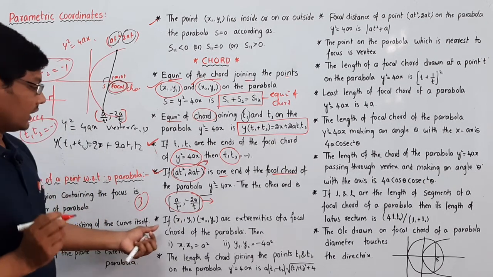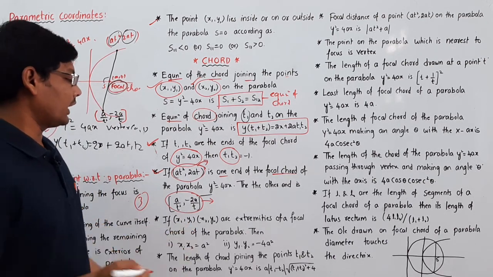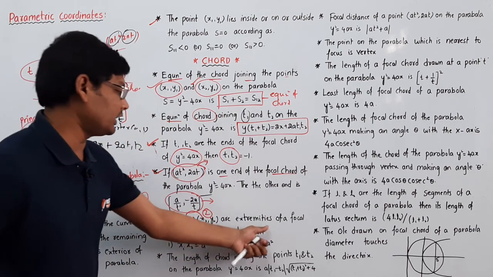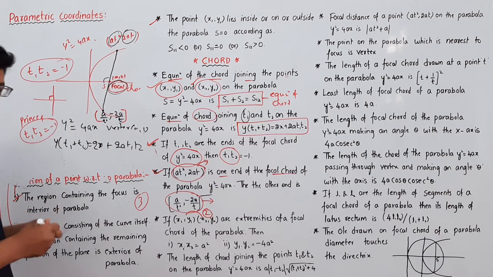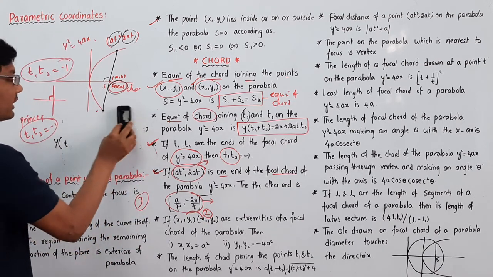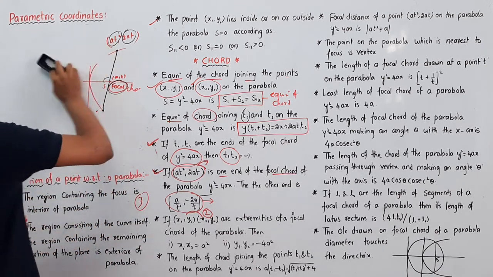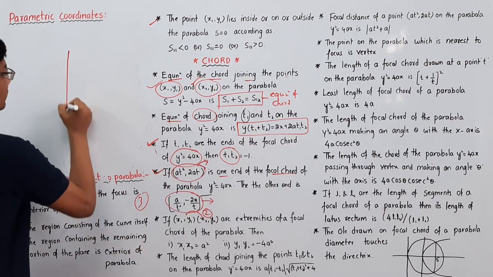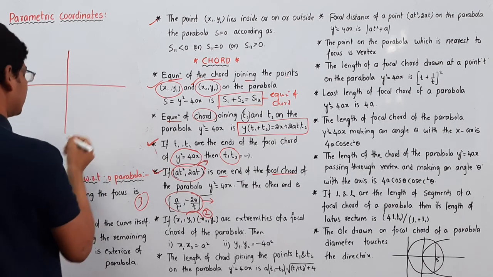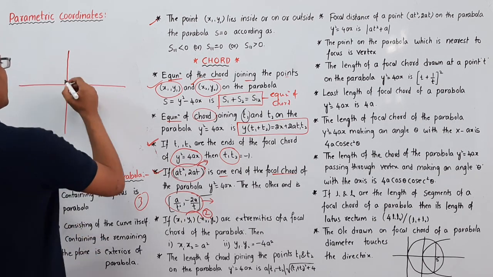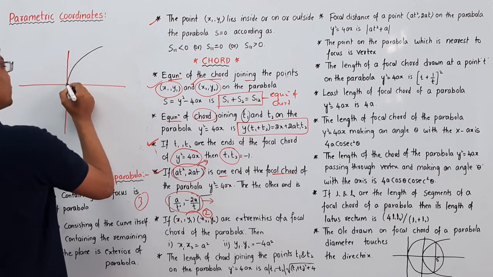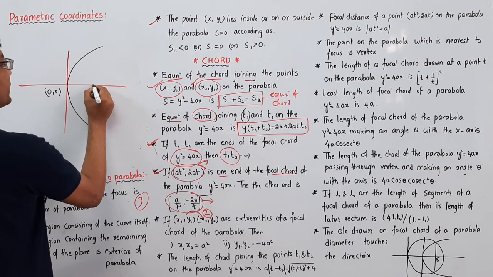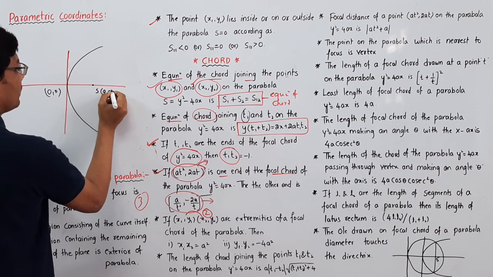And the next one, if x1 comma y1 and x2 comma y2 are 2 points on a parabola that are extremities of a focal chord. Here he is given directly the 2 end points of a focal chord. This is the diagram. This is the coordinate axis. I am taking a parabola which passes through the vertex 0 comma 0, and S is the focus of the parabola.